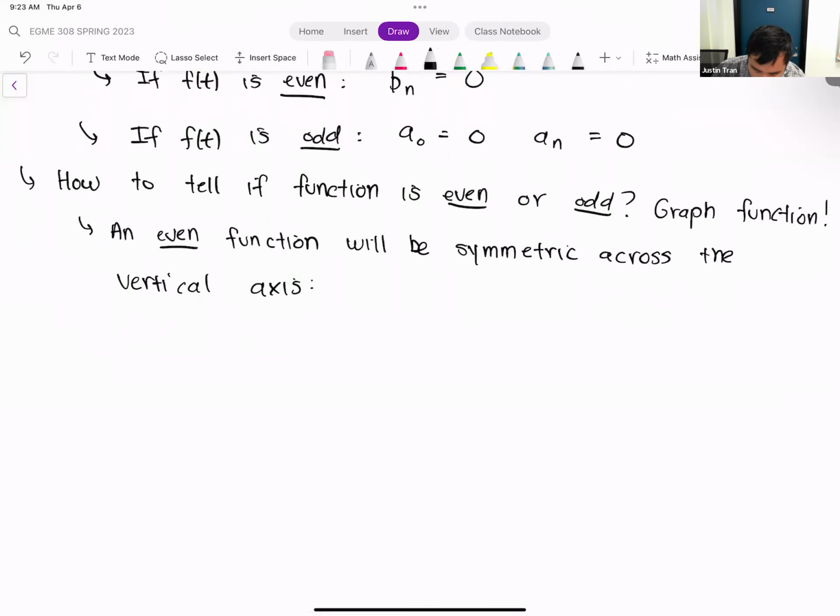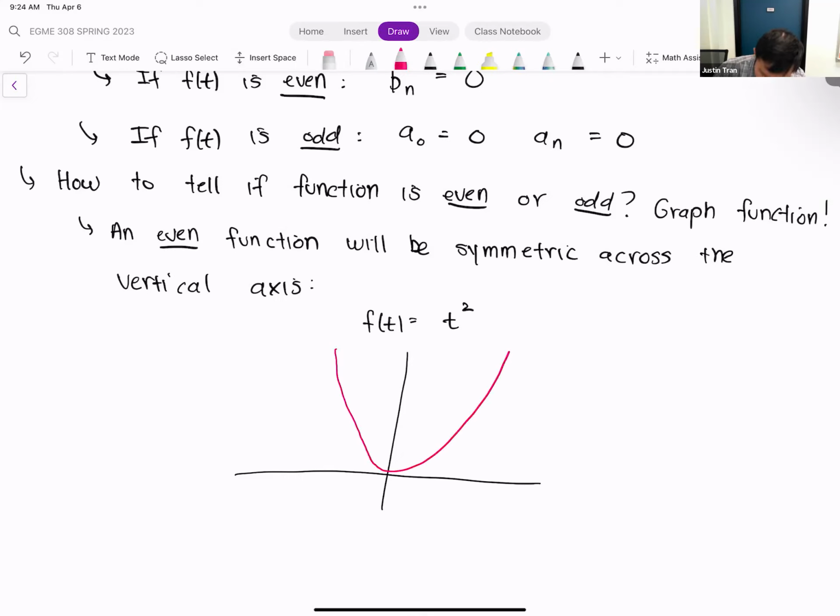So let's look at a classic even function. Let's look at f(t) equal to t squared. Okay, so a quadratic function looks like the following. We have this bowl, a parabola. Imagine I drew this better, so it actually is symmetric.